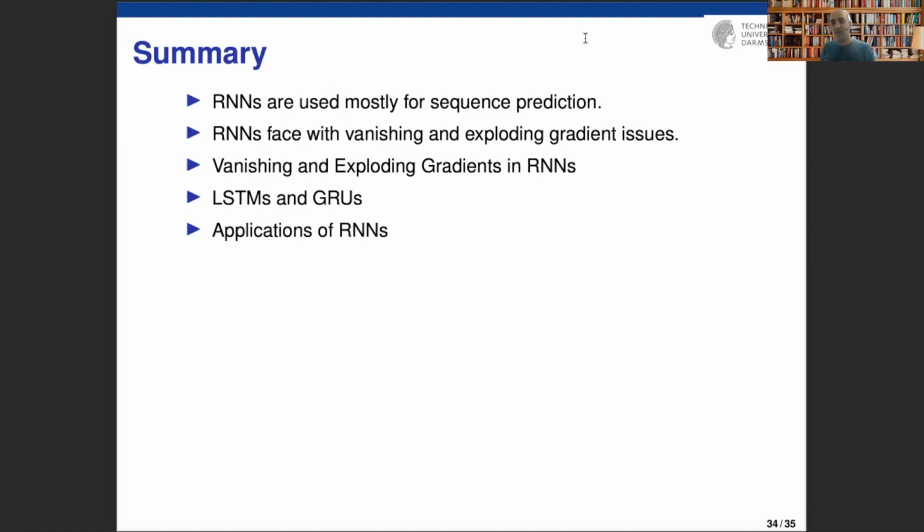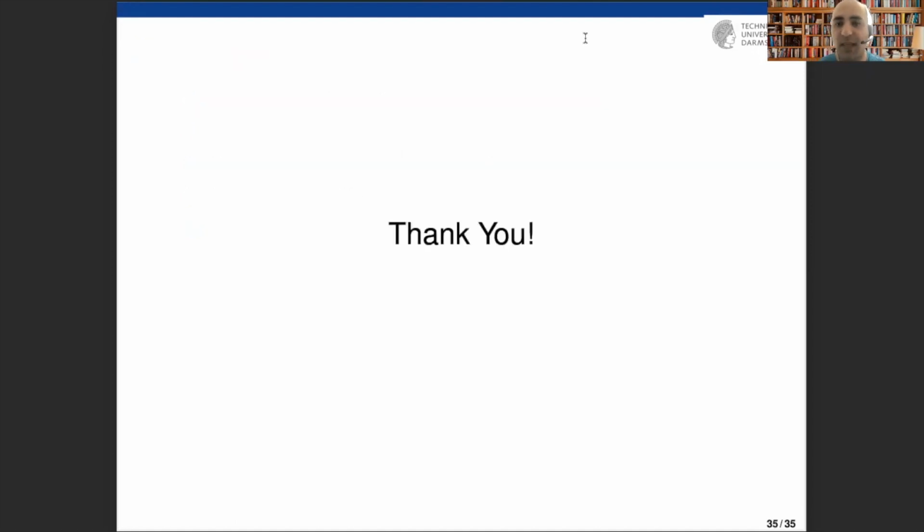And we also talked about sentence classification, where you can use the hidden state of the last token for representing the whole sequence, or you can use the average over all hidden states in the sequence to represent the whole sequence.